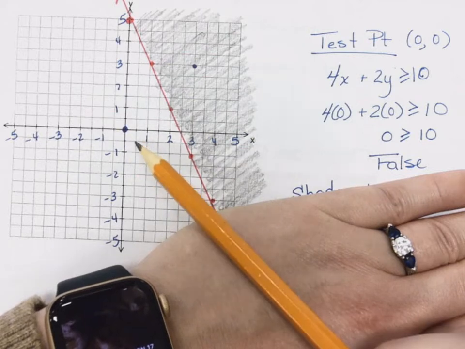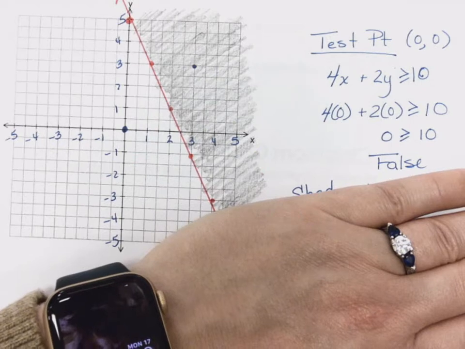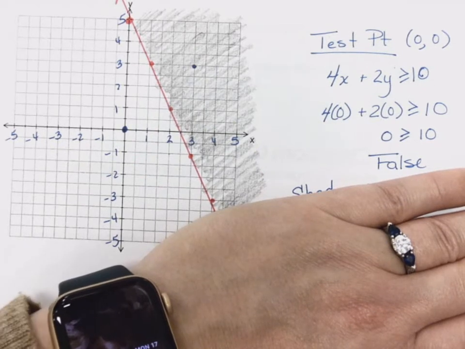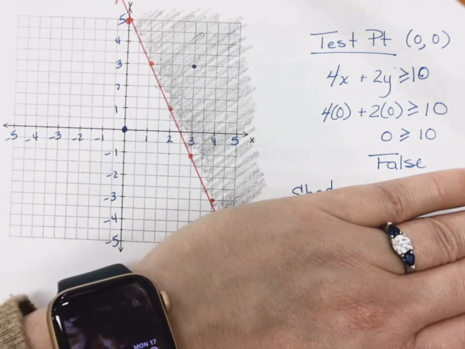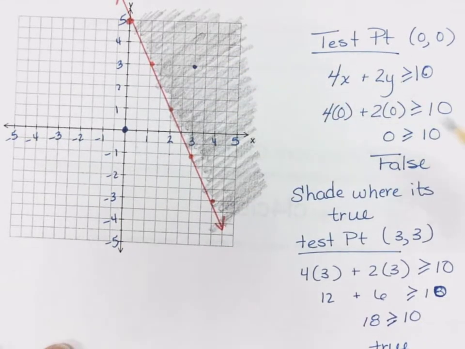So if this side's false, then this side must be true. You can go with that if you trust your math. If you don't trust your math, like there's fractions or something in it, pick a test point on the opposite side of the line and try that again.